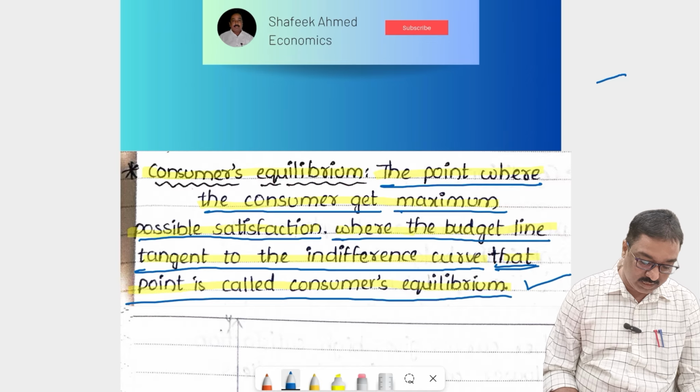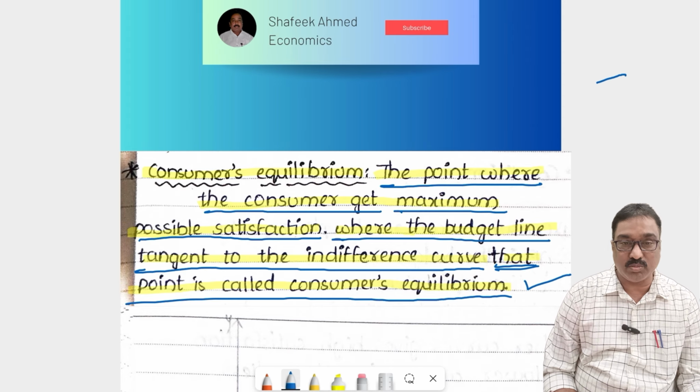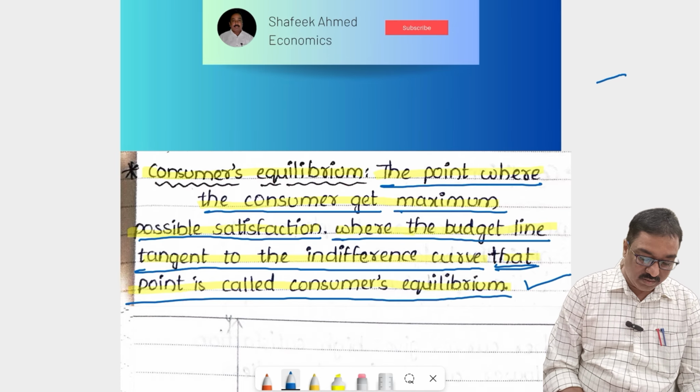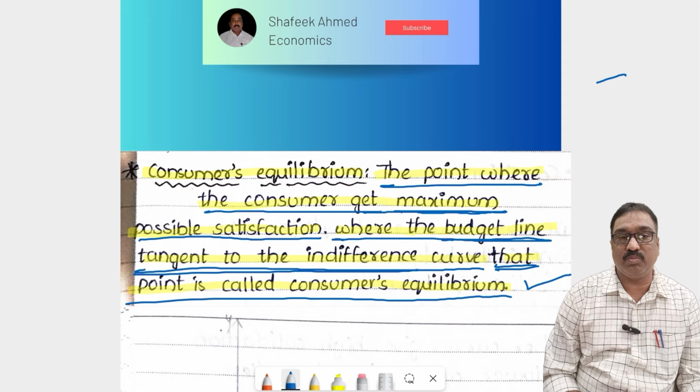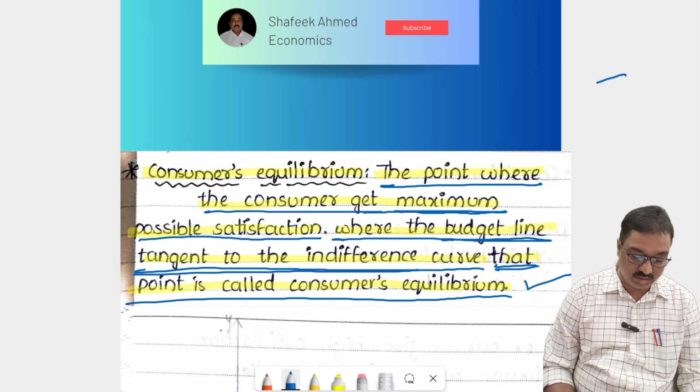Two conditions we have to follow here: the consumer gets the maximum possible satisfaction, and the budget line is tangent to the indifference curve. That point is called the consumer's equilibrium.